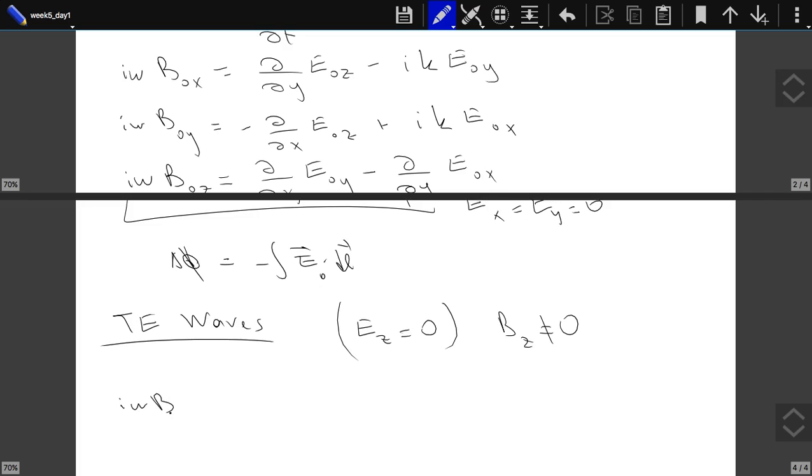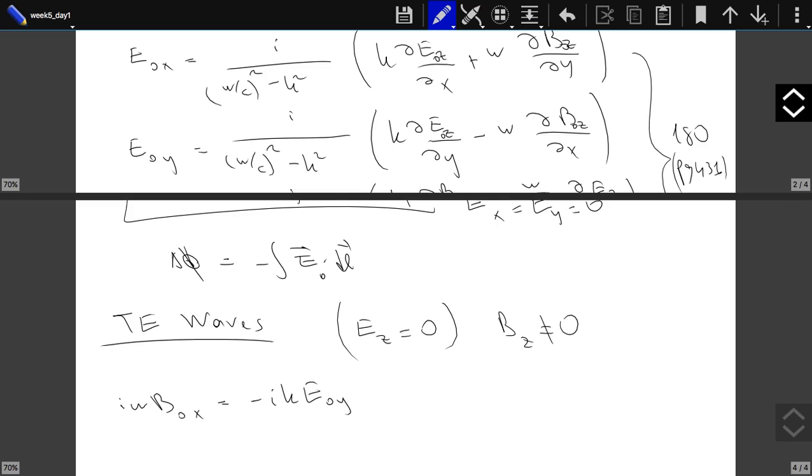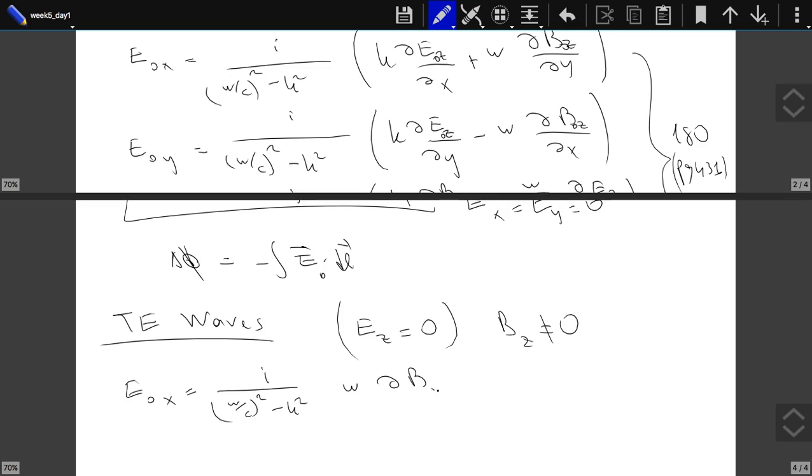I omega B0x is equal to minus IK E0y. No, sorry, let me go further. Okay, here. E0x is equal to I over omega over C squared minus K squared times omega derivative of B0z by del y.